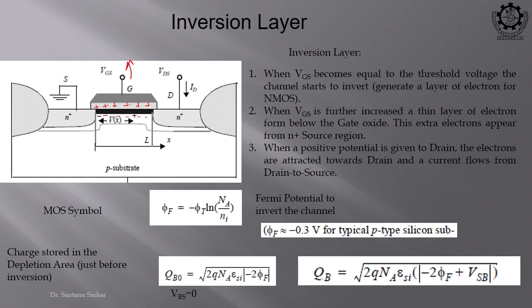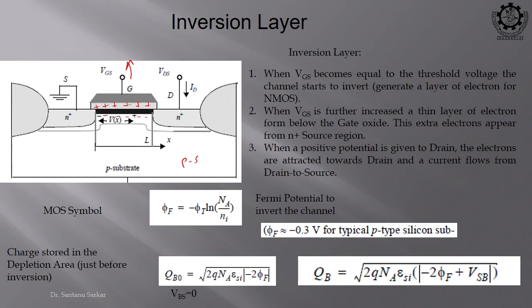Now, see in this P substrate your majority carrier was holes. Because of this, what happens now? Your channel has just started, we call it inversion, the channel is inverted, clear.